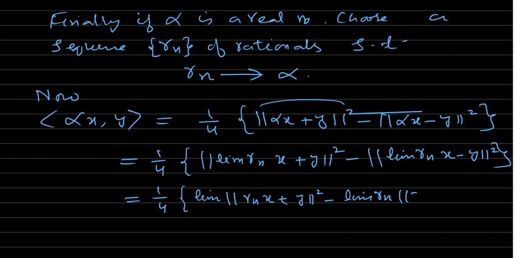Sorry, we cannot take Rn outside yet, Rn has to stay inside. So this is the limit, we can take the limit outside the norm. It's Rn x plus y whole square, and Rn x minus y whole square, and this is a scalar multiple. A scalar multiple is also a continuous function, so we can take the limit outside the scalar multiple for both limits.